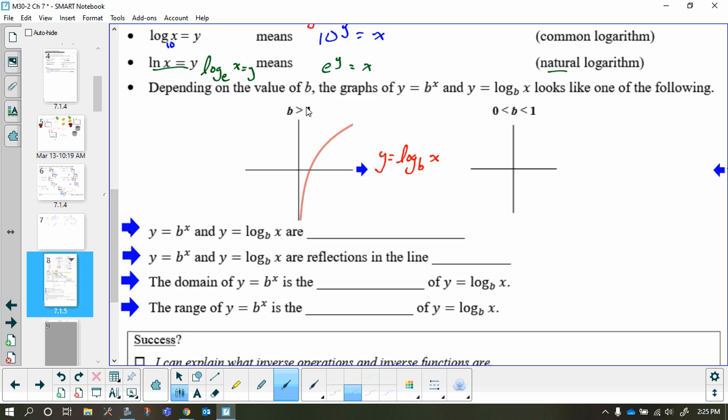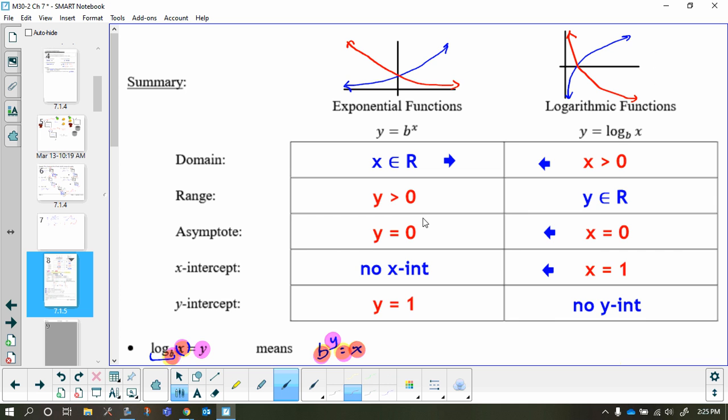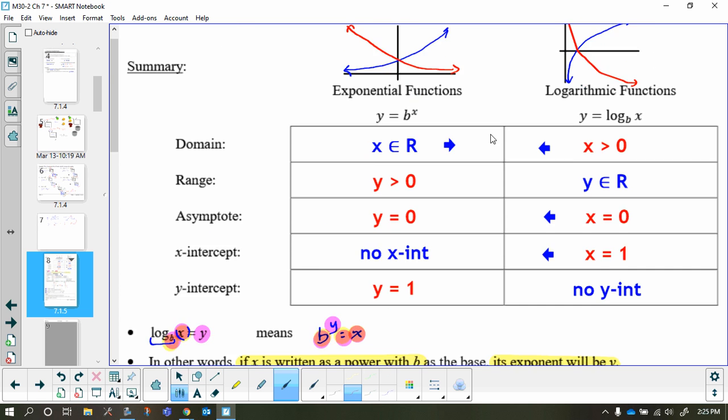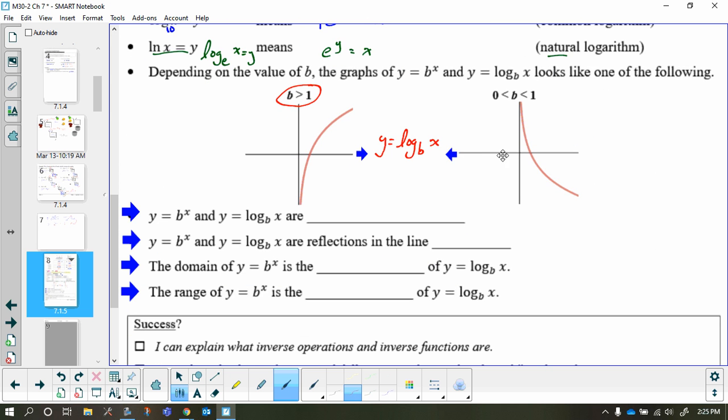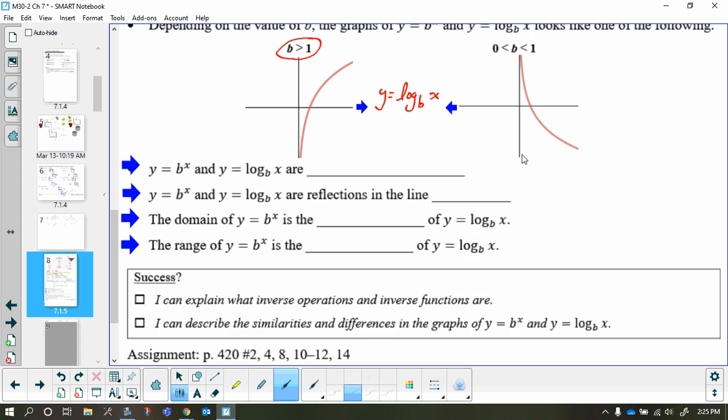For both of these, if we have a b value that is greater than 1, the graph increases. If the b value is between 0 and 1, then our graph decreases like this. So that's what those logarithmic graphs look like. And again, we did look at sketches of them at the top of the page. Those weren't so pretty. These look a little better.